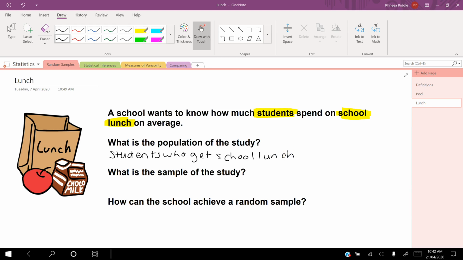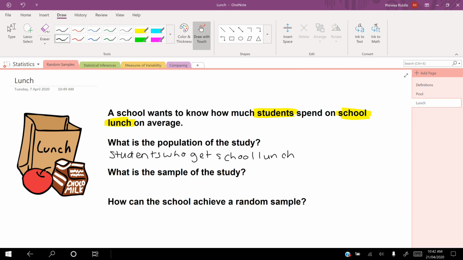Because for the sake of the study, it doesn't matter if a student brought his lunch from home because then he's not spending any money on a school lunch. And that's just going to sway the data. We are specifically looking at people who buy lunch at school.